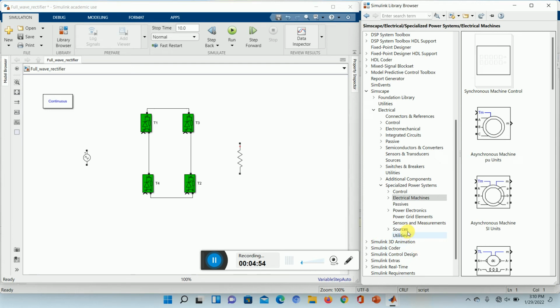Okay, this is all synchronous machines. Let me just check it out.